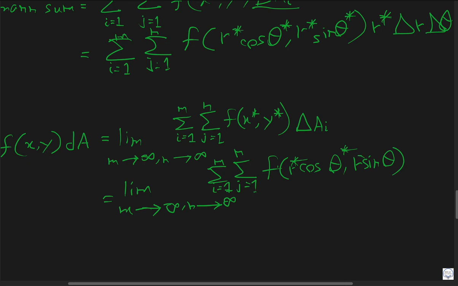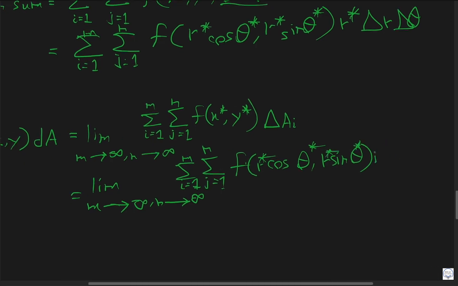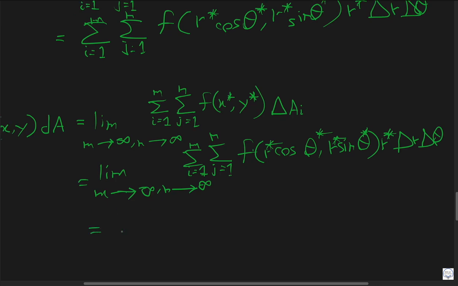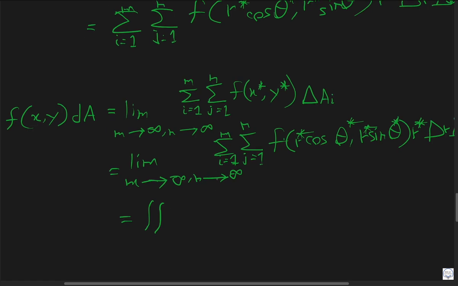Now as m and n both go to infinity, our double sum will become a double integral, and this particular function, instead of having stars, will only have r, and all the stars will go away.